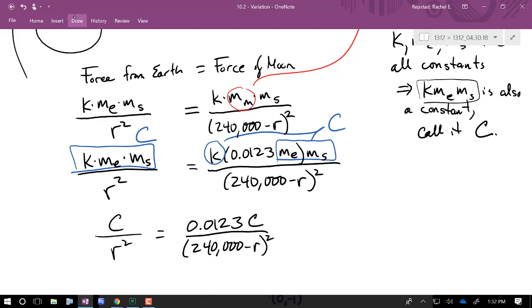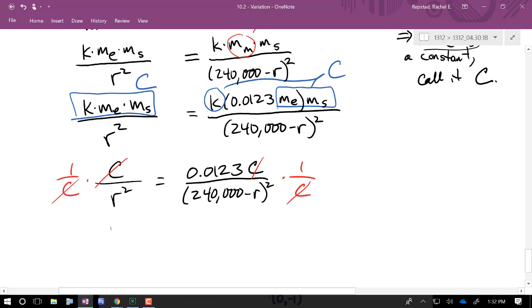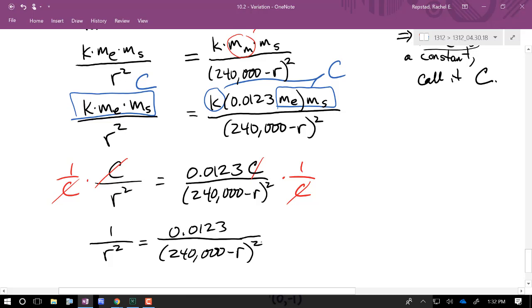And so what that means is that we are justified in multiplying both sides by 1 over C. And so those C's cancel. It's the fact that we have that same constant on both sides. Now we've made real progress because this is an equation with one variable, and it is the variable that we want to define in the first place. And we could solve this.